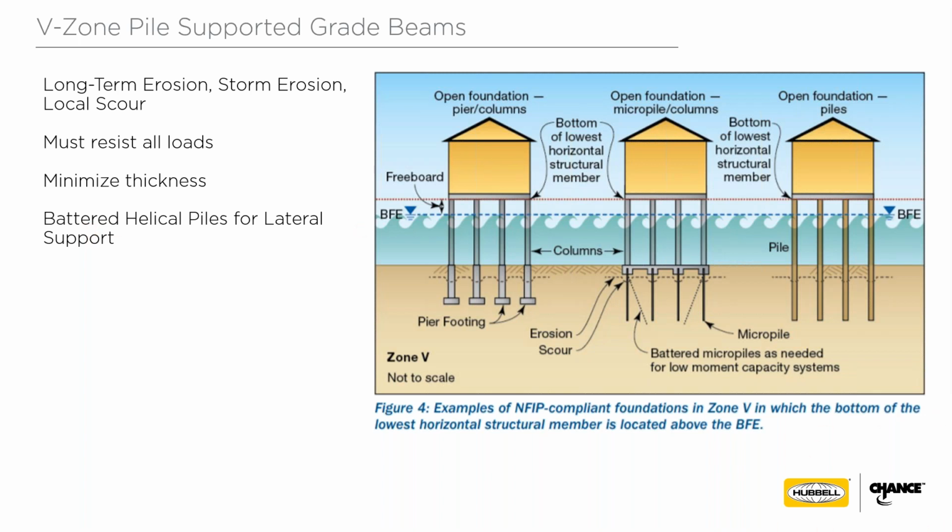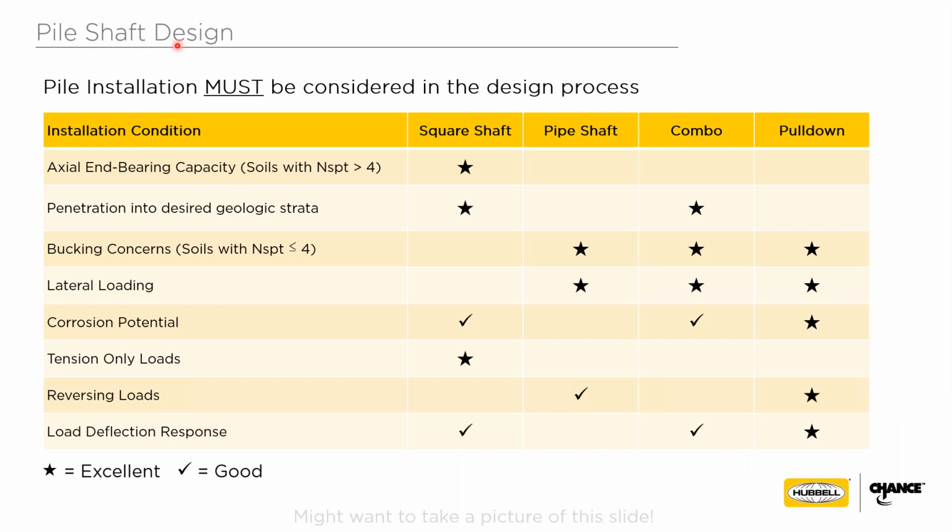Now, this leads up to the point that when you're looking at pile shaft design, I showed you earlier that we have square shaft and pipe shaft helical piles. If you're looking for lateral load resistance, obviously pipe shaft type products, or what we call our pull down grouted shaft piles, are very good for resisting lateral forces.